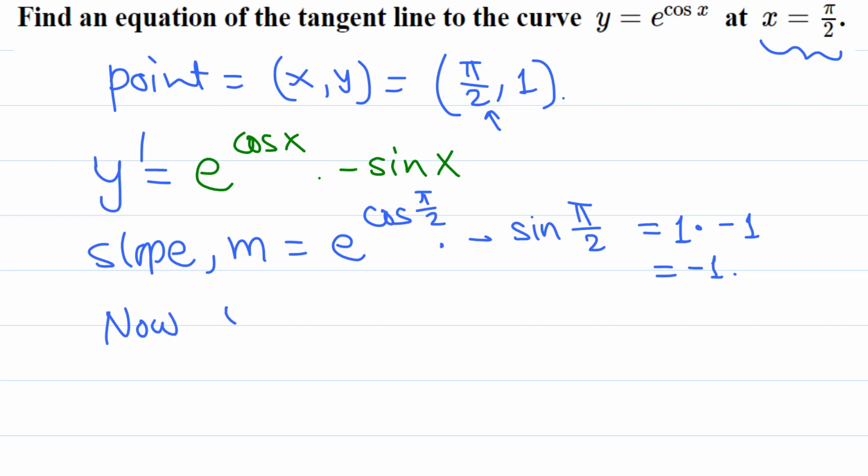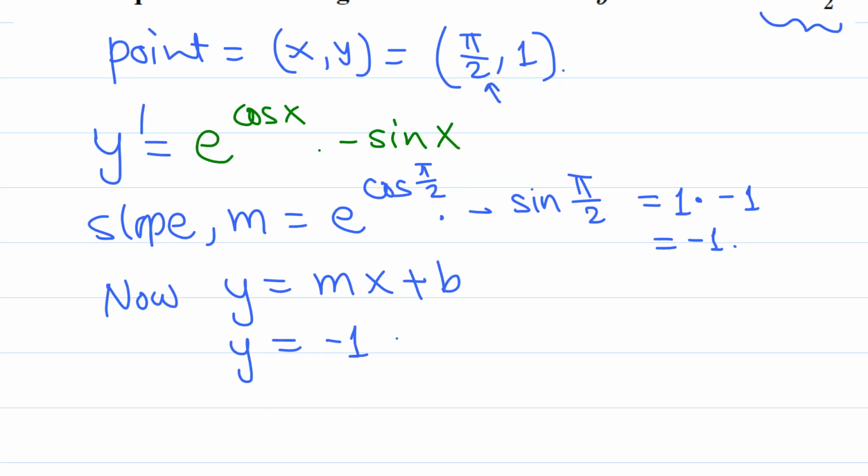Now y equals mx plus b, that is y equals, the slope happens to be negative 1, x plus b. To determine b we use the point x, y.